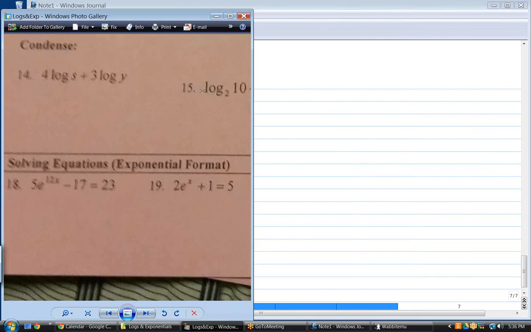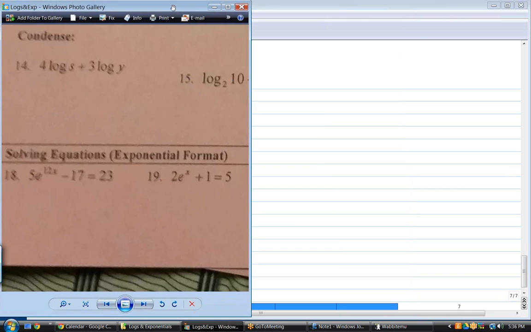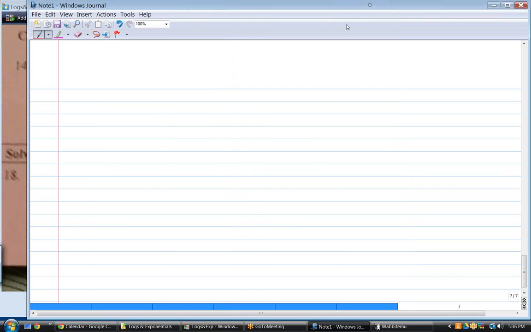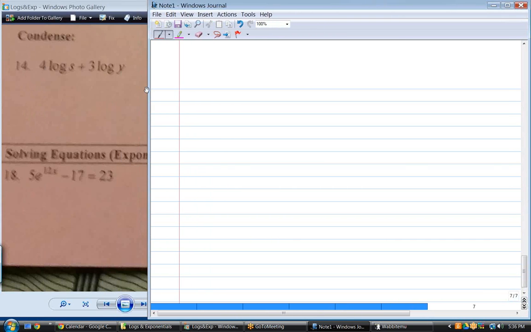Condense. Condense just means go the other way. This is a little tricky, but as long as you have it memorized, what would 4 log s plus 3 log y condense to? What's the first step of condensing that? Log s to the 4th power plus log y to the 3rd.